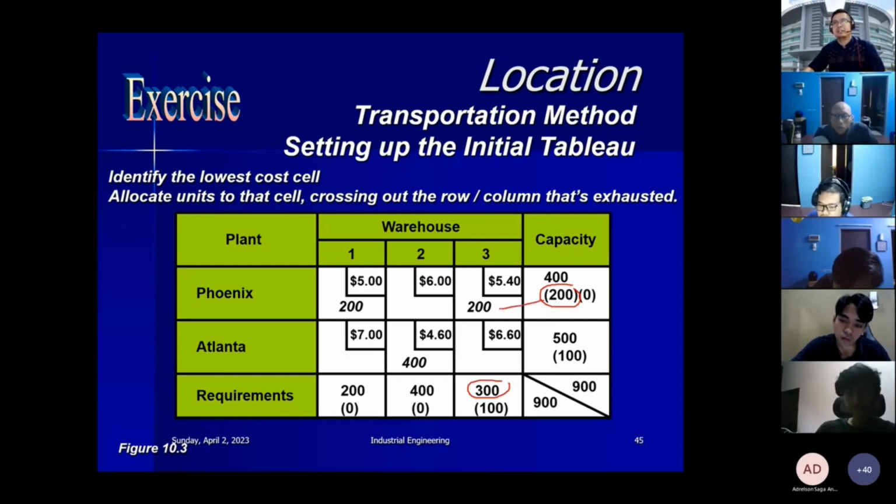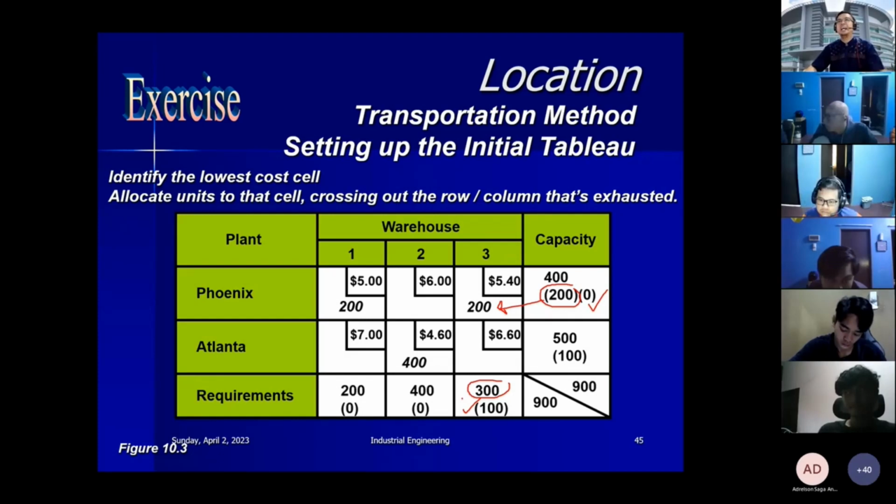So put 200 here. 200 minus 200, we will get 0 balance for the Peonic capacity. Meanwhile, for the requirement, 300 minus 200, we get a balance of 100. Okay, clear? Alhamdulillah, good. Don't worry.